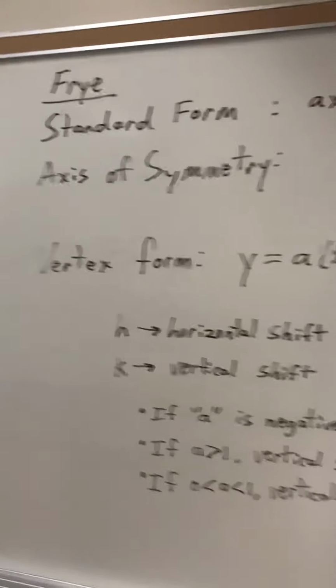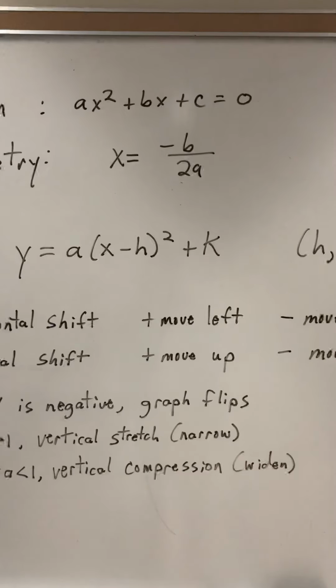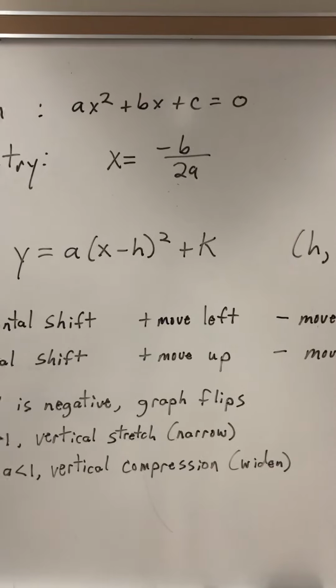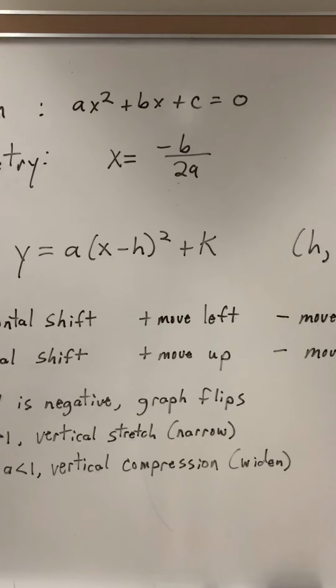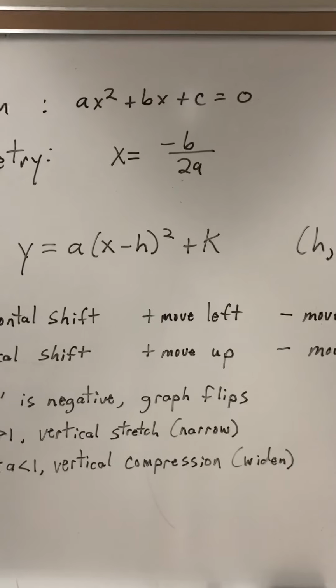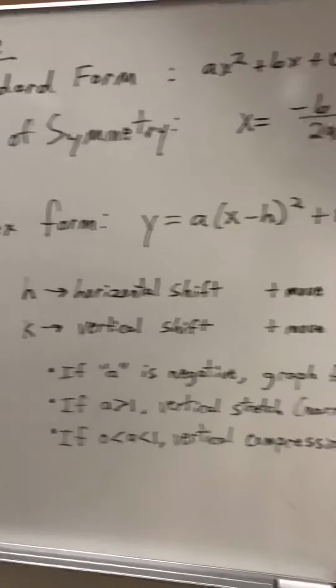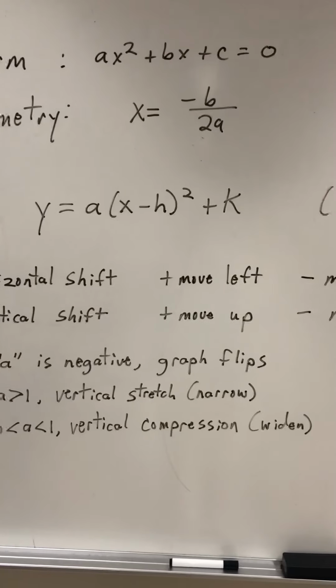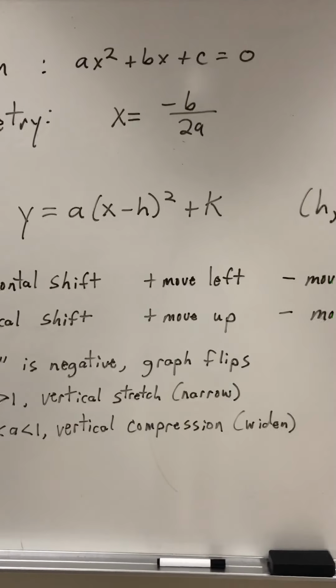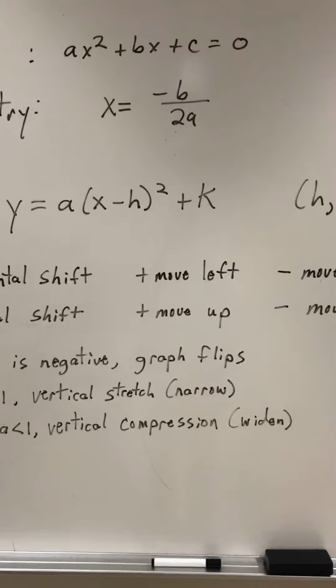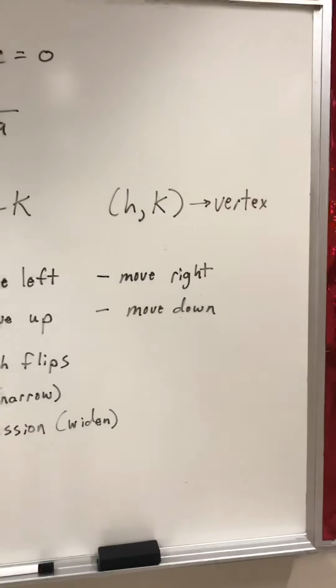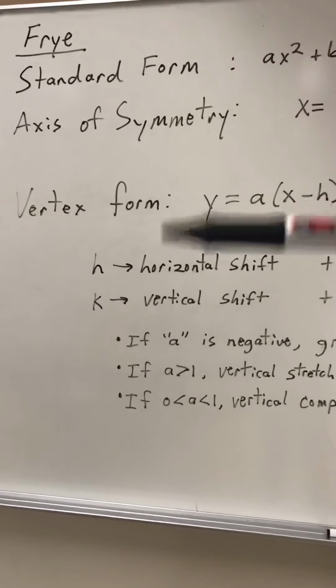And you're going to need axis of symmetry. So you're going to take those letters, and the axis of symmetry will equal x at negative b over 2a. And then you have the vertex form, where y equals a, and then parentheses x minus h squared plus k, where your h and k is going to be your vertex.